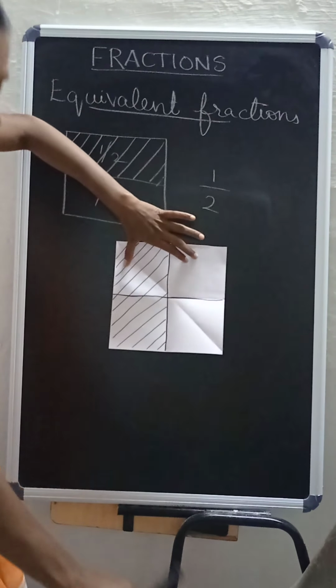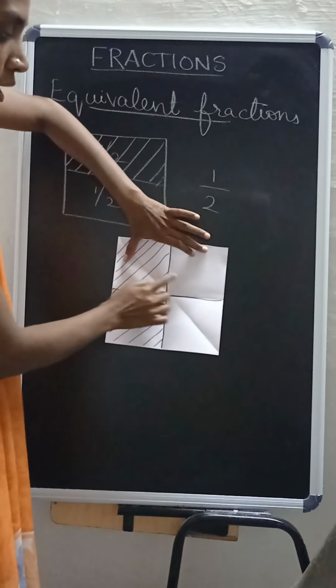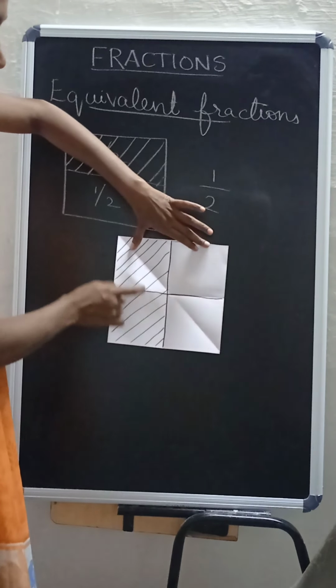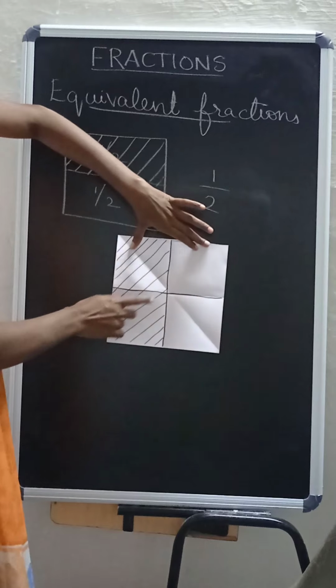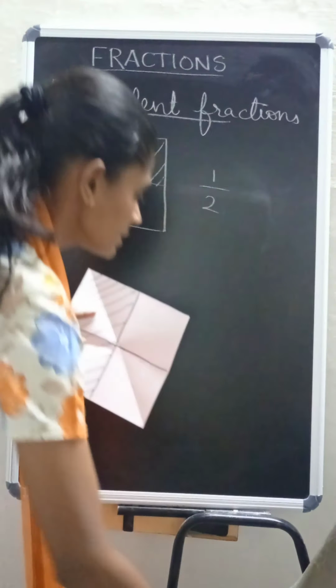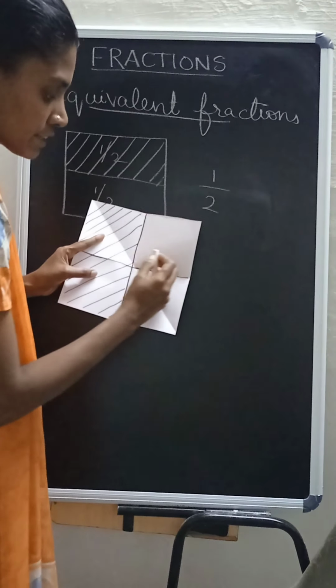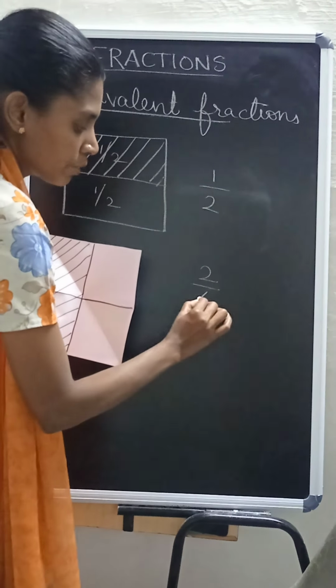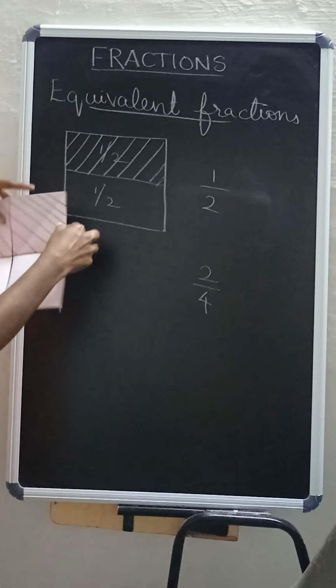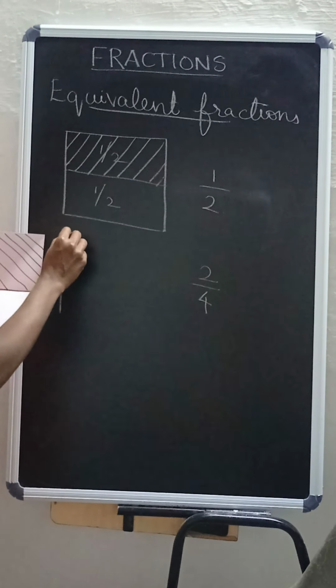Now this is split into how many parts? 1, 2, 3, 4. So 4 parts I have got. And how many parts are shaded? 2 parts are shaded. So how I can write this? I can write this as 2/4, right? So, okay. Let this paper be like this. So I will keep.